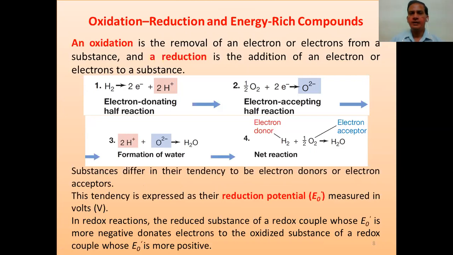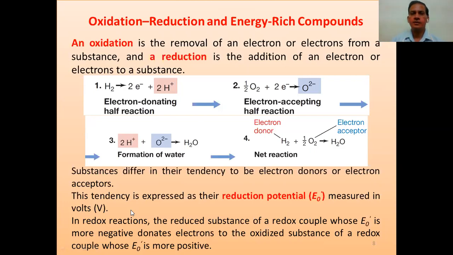Depending on the chemical composition, different molecules could be either electron donors or electron acceptors. Now this tendency of giving or accepting electrons is known as the reduction potential, which is represented as E0 prime. And this is usually measured in volts.